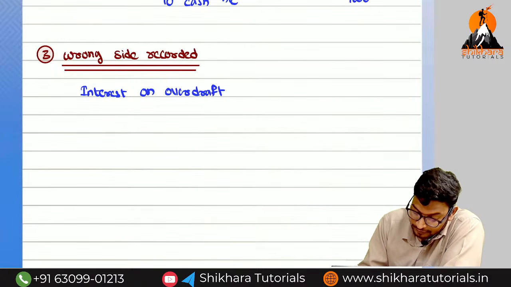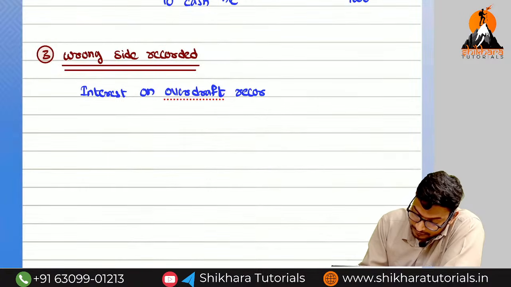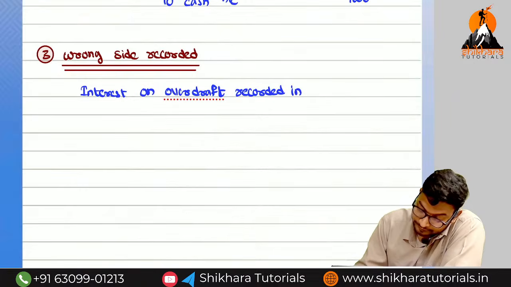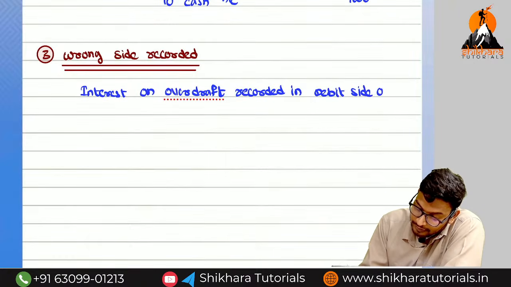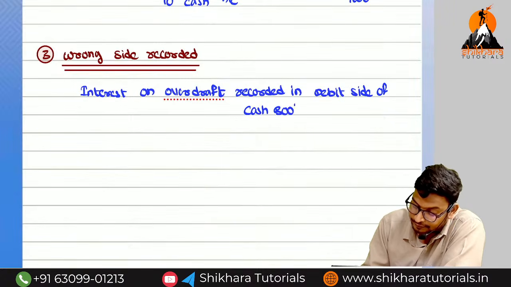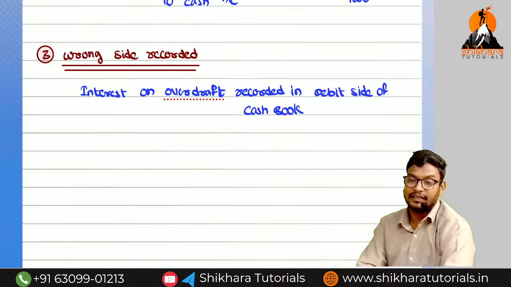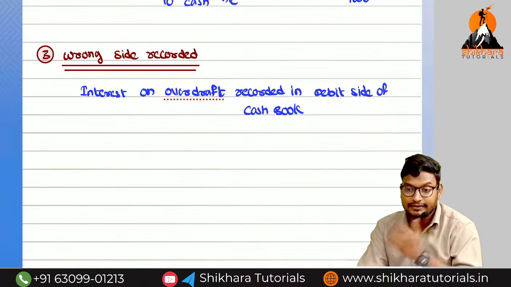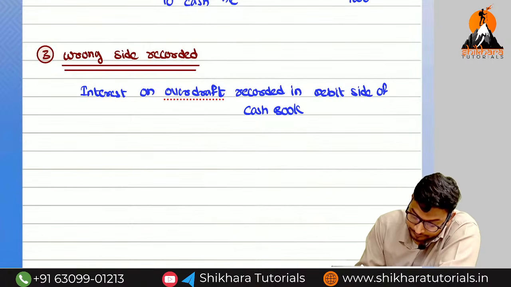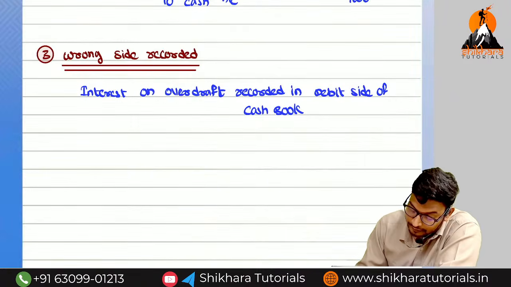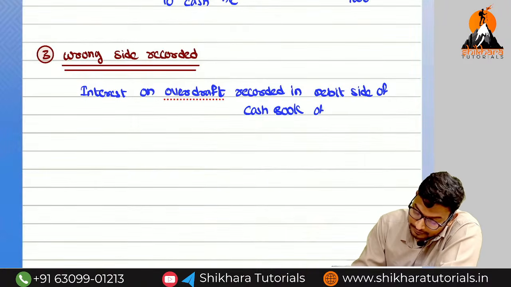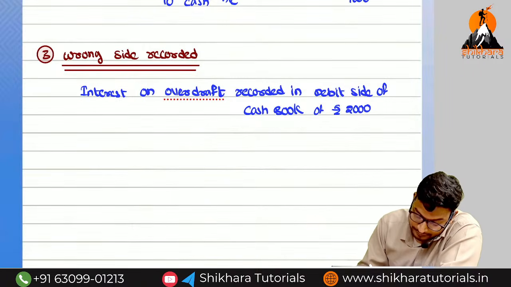So this is the actual point. Okay? Recorded in debit side of cash book. Here side means don't think it is a ledger. It is a primary recording. Okay? Of rupees 2000. So what is the actual happening there?